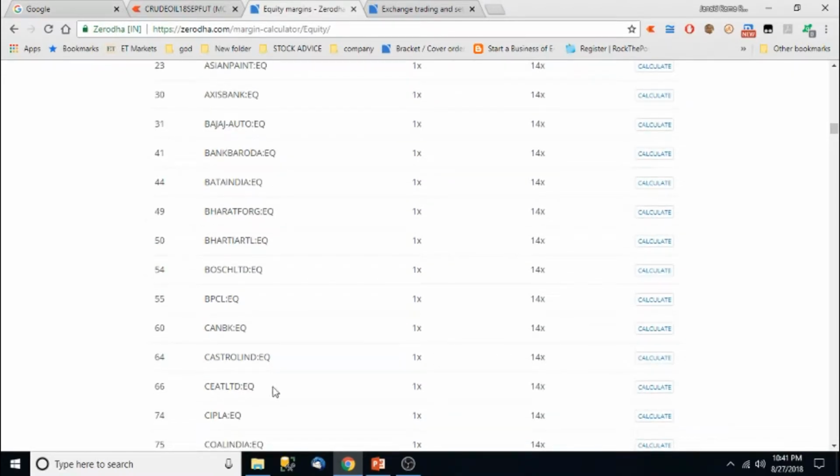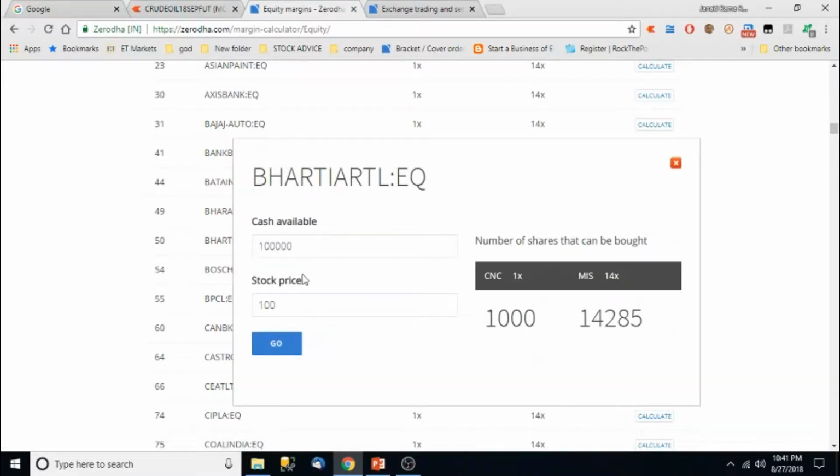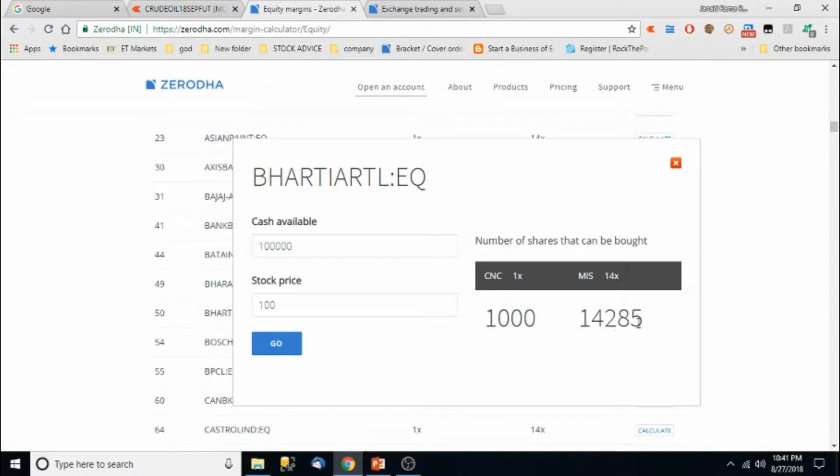Like if I buy Airtel, for 1 lakh I'm getting 1000 shares, but in intraday I'm getting 14,285 shares. If I invest 1 lakh and 1 rupee gives me a profit in one day, I am getting a profit of 14,285 rupees. That's how more and more people are attracted towards intraday.